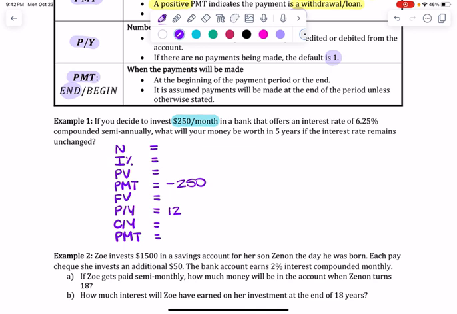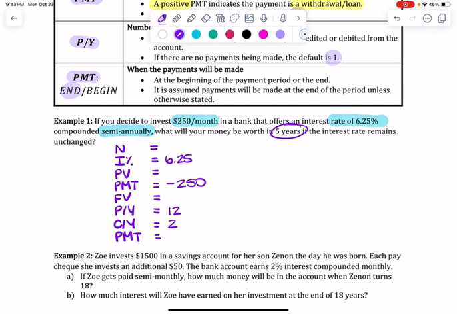There's 12 times I make that payment every single year. So the 12 will go there. I have an interest rate, and that interest rate is 6.25%, so that goes in the regular spot. I am compounded semi-annually. Semi-annually implies 2 times per year. And that's all the information, other than the number of years, given to me.